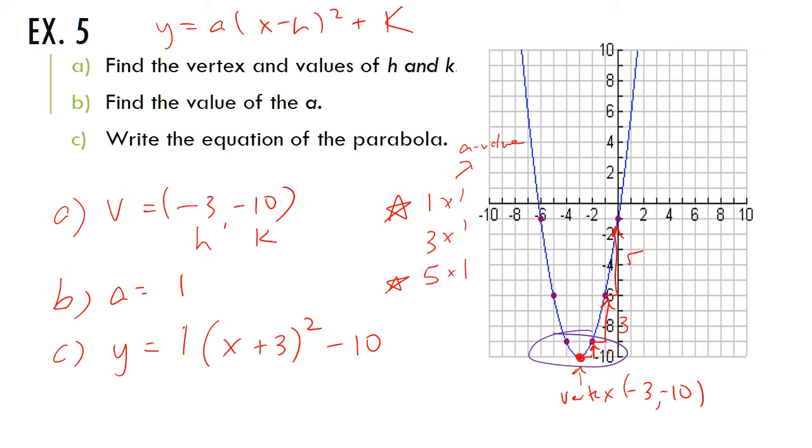So for example, let's say I gave you this. Oops. Scratch that out. Let's say my parabola was this. And I asked you for the a value. Or even the equation for that matter.